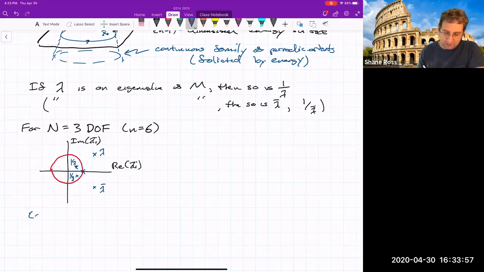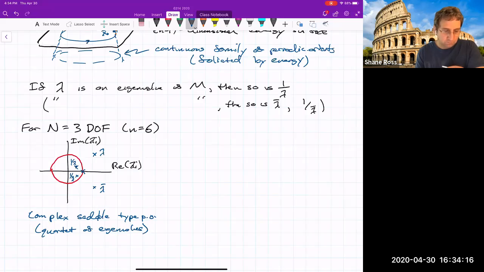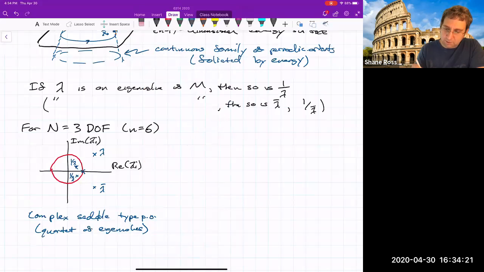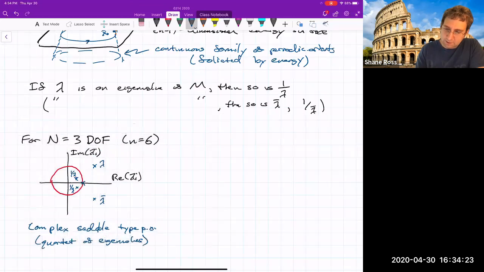If we had a periodic orbit that had this as its spectrum, this is called a complex saddle type periodic orbit, and it arises from a quartet of eigenvalues. That's one scenario. I'll leave it as just a couple of scenarios.